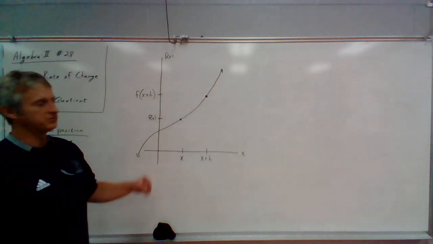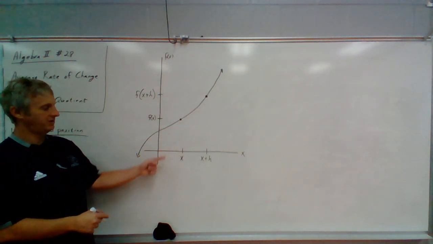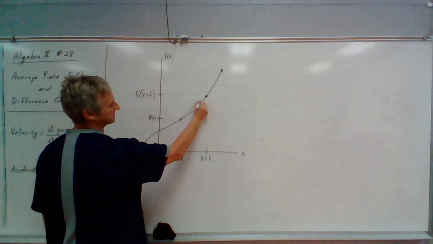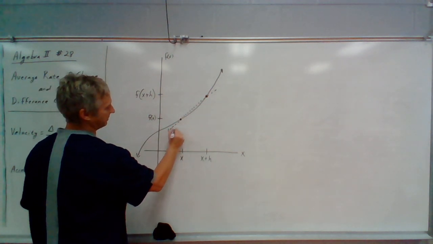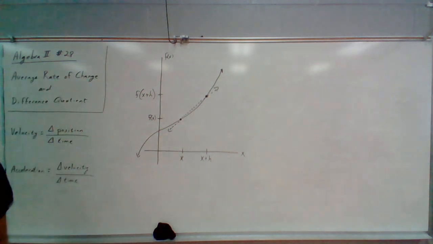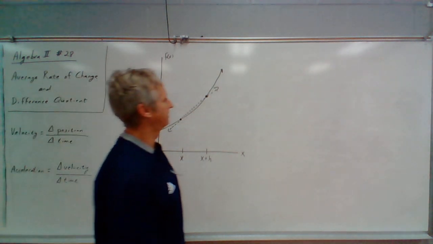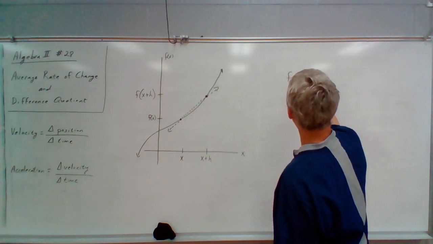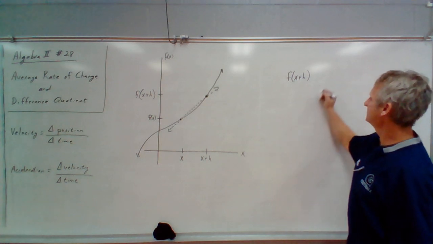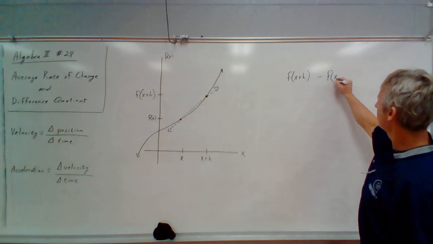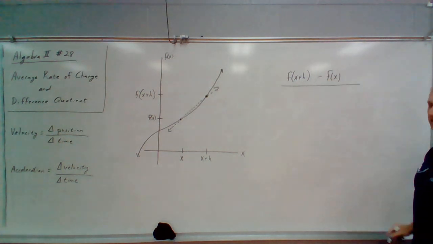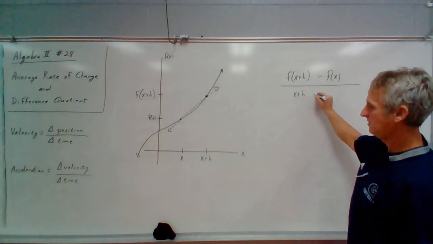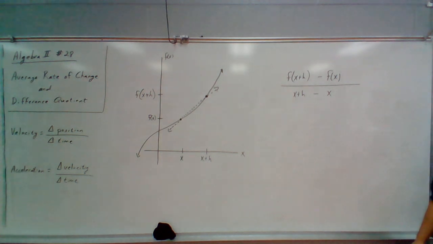All right. Suppose I want to find the average rate of change of this function from x to x plus h. So I want the slope of this secant line. You guys know how to do that. That would be f of x plus h minus f of x, all over x plus h minus x.